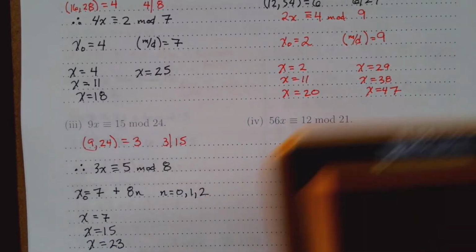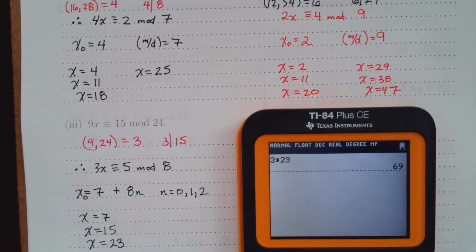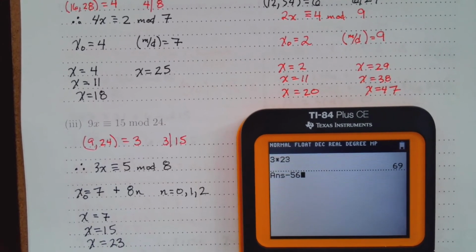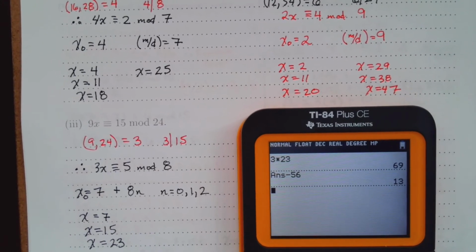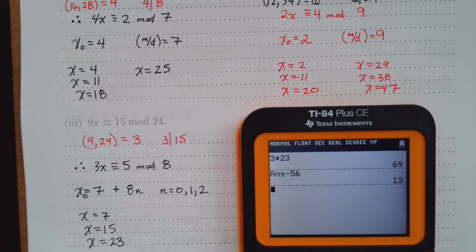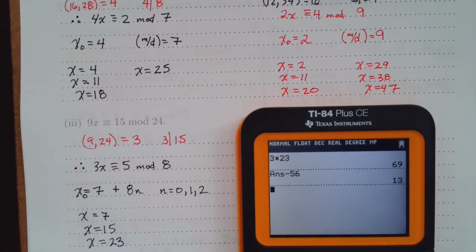Of course, we can always double check our math. We can say 3 times 23, that's 69, minus 56, which is a multiple of 8, gives us 13. And let's see here, what did we make an error on? Let's just double check our work.